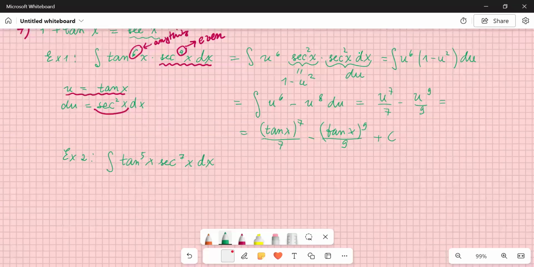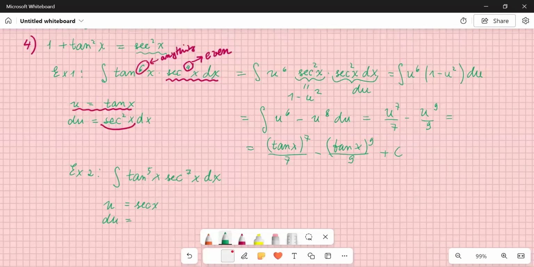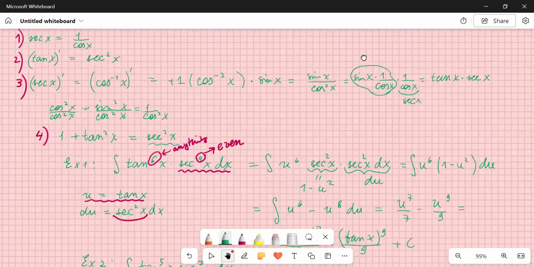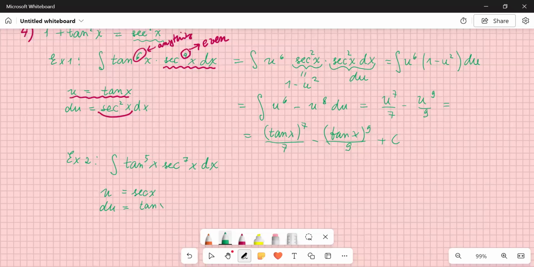Let's try a different substitution. Let's try substitution of secant. What is going to be du in this case? Well, we remember the derivative of secant, and I differentiated it somewhere. It's tangent secant. So I'm going to write down tangent of x, secant of x, dx.